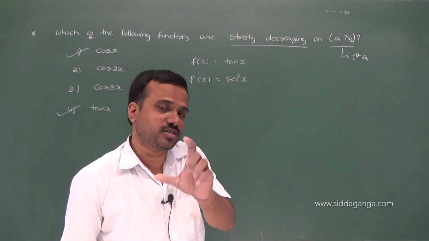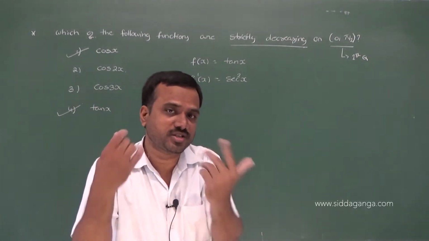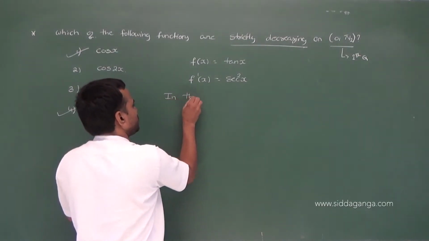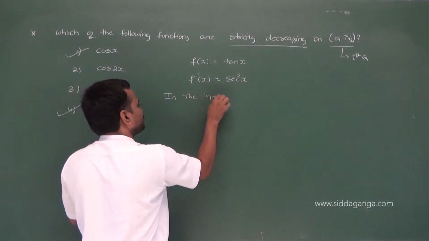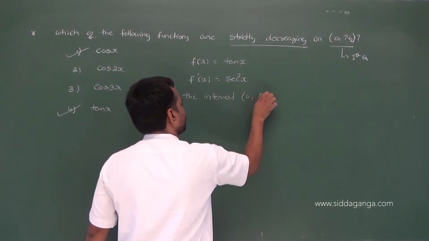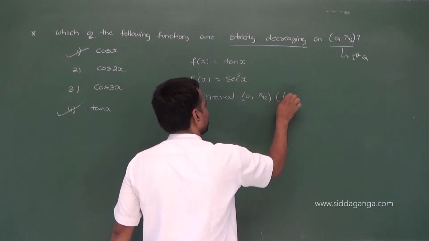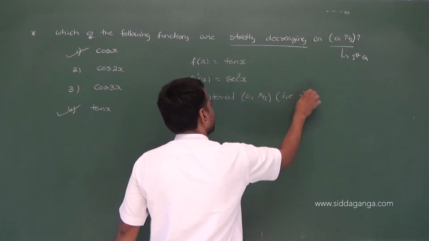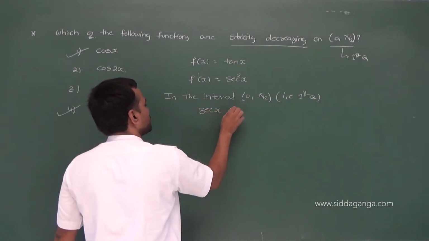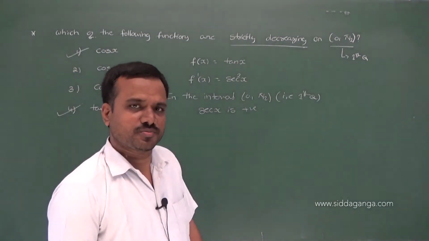Is secant square x negative or positive? Positive, because in the first quadrant secant is positive. Observe here: in the interval 0 to pi by 2, that is the first quadrant, secant x is positive.